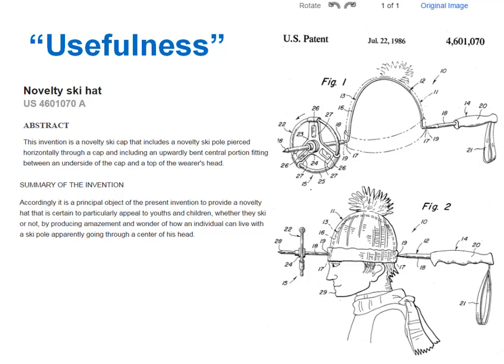The usefulness requirement nowadays is almost taken for granted. This is a patent for a novelty ski hat. It's kind of a variation on Steve Martin's arrow through the head gag, and it makes it look like you have a ski pole impaled through your head. And the patent says that its usefulness lies in producing amazement and wonder of how an individual can live with a ski pole going through the center of his head, unquote.